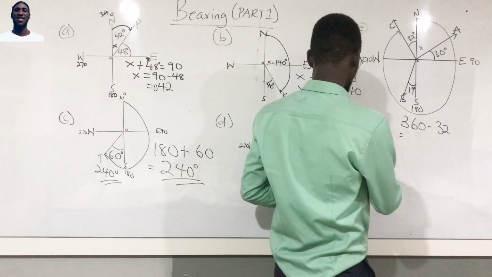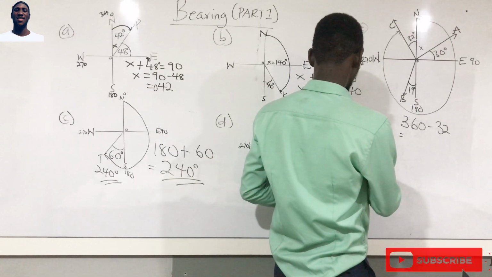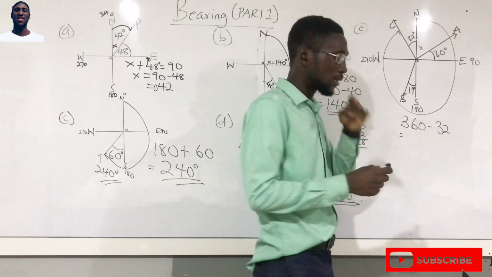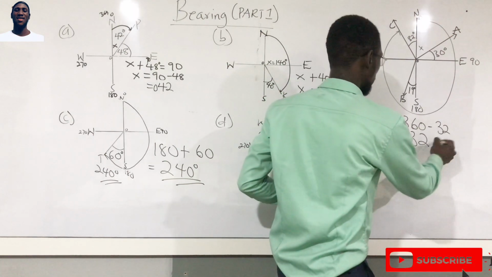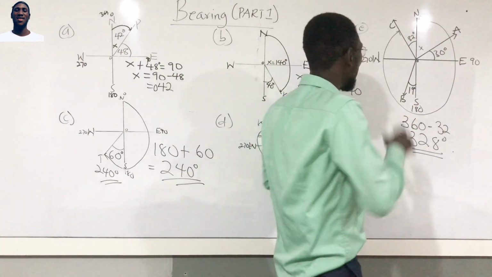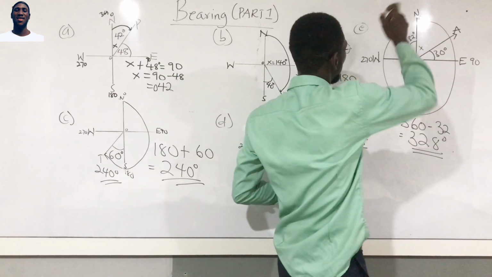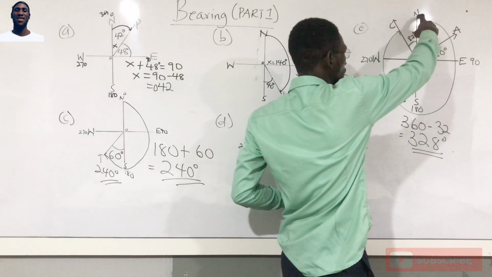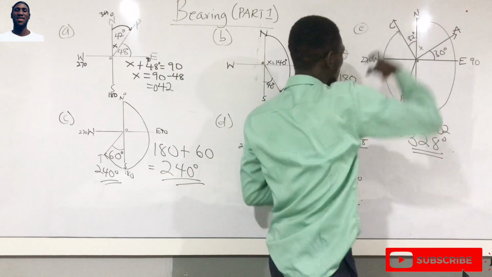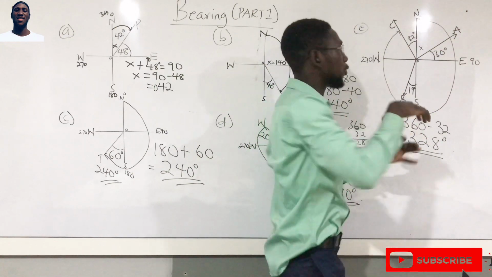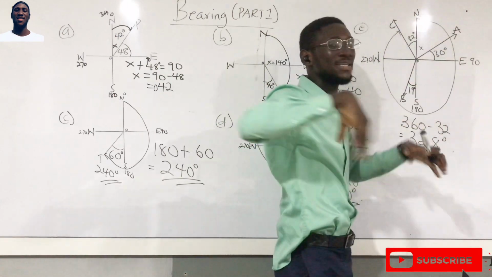I have 8 here, I have 2 here, I have 328. So 328 degrees. So the bearing of C from O, we take our direction from the north, from the north up to C. We want everything from here up to C. We know everything in total is 360.